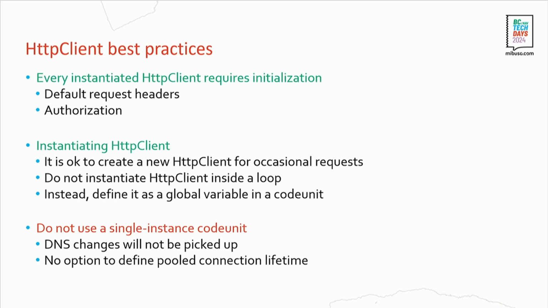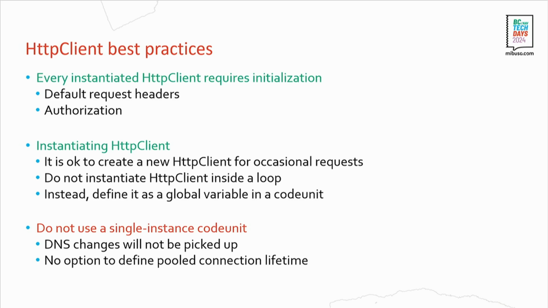You could even put it into a single instance codeunit, but then you may run into another problem, because that HTTP client will be sitting there with its HTTP message handler, and when it has made a connection, it knows the URL, it knows the IP address, it will never ever pick up a DNS change, unless the user logs out and logs in again.